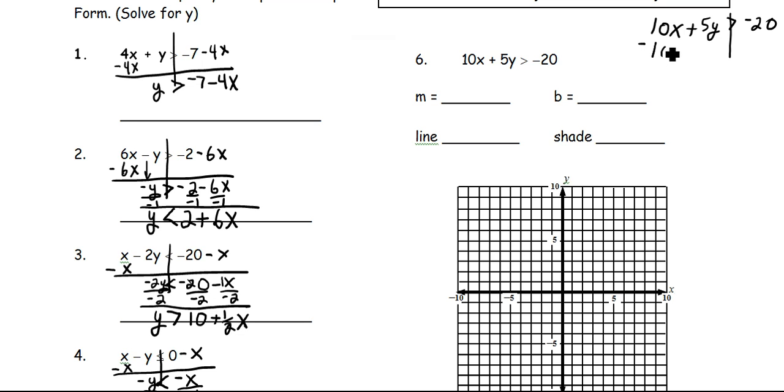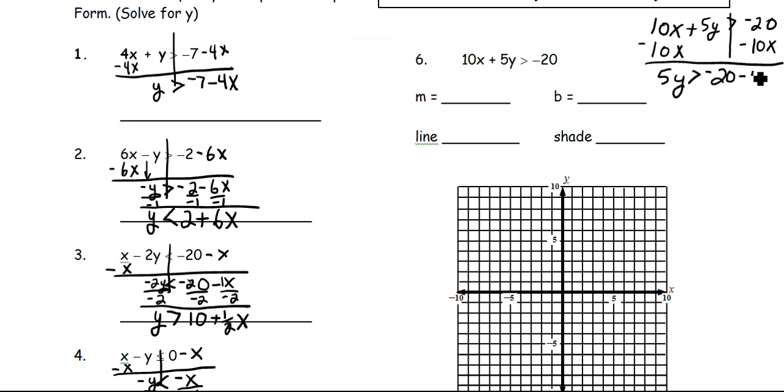Well, I didn't leave enough room, so I'm just going to go ahead and do my -10x. It's not good form to do it this way because the 20 doesn't have an x, but I'm going to move everything over now. So I end up with 5y is greater than -20 minus 10x.